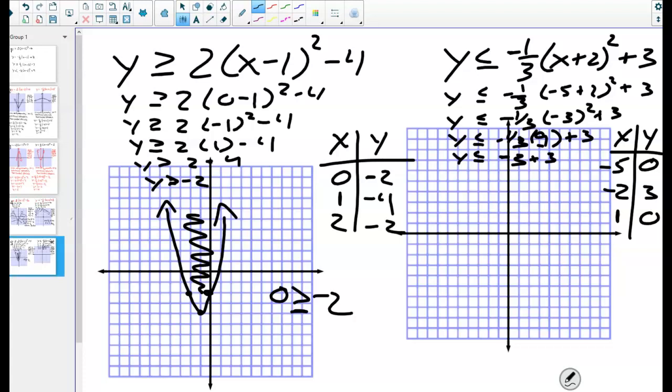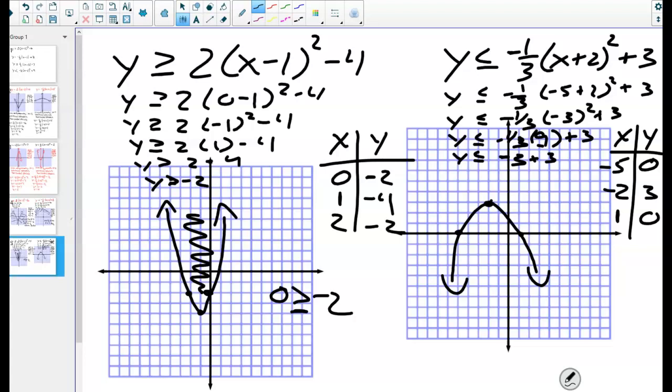So now when I go to graph this parabola, (-2, 3), 1, 2, 3. (-5, 0) is over here. (1, 0) is over here. It's a solid line because it's greater than or equal to. And the (0, 0) is inside.